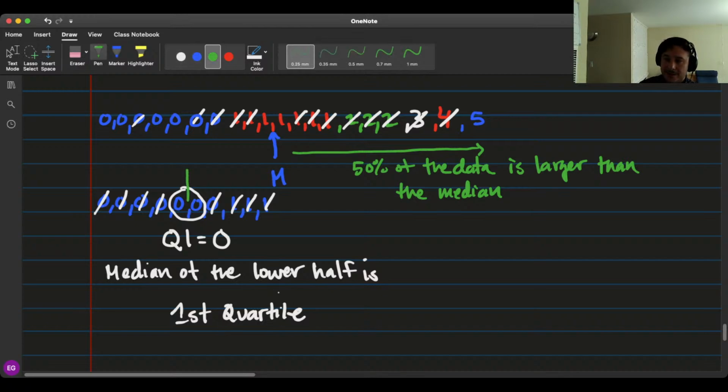Now, what percentage of the data is less than Q1? So in total, what percentage of the data do I have here approximately? I have the 50% and I split it in half.